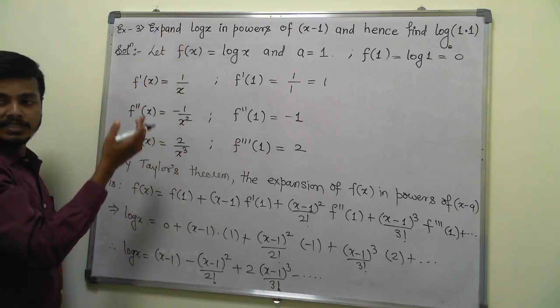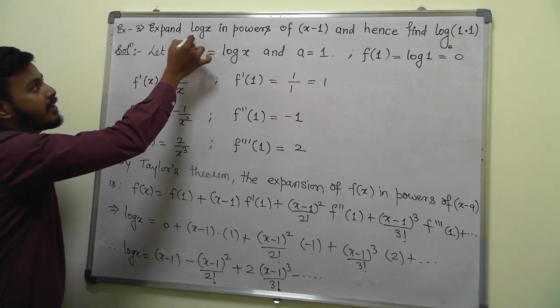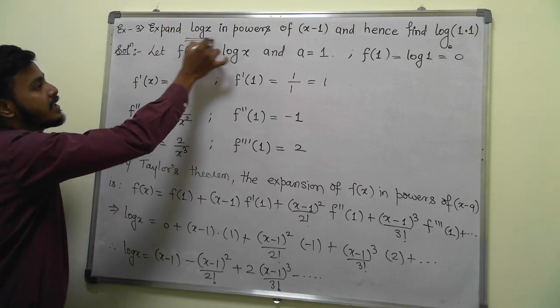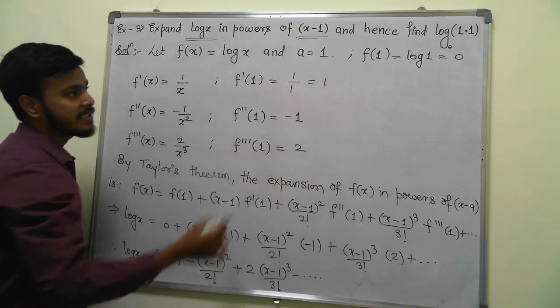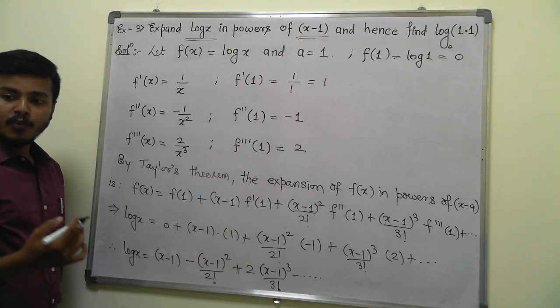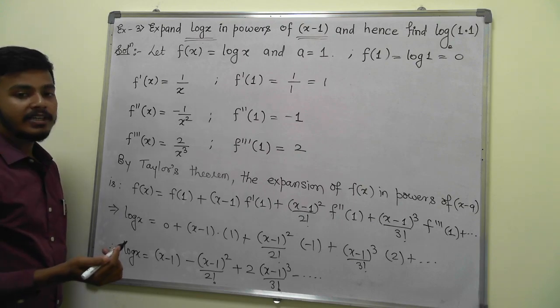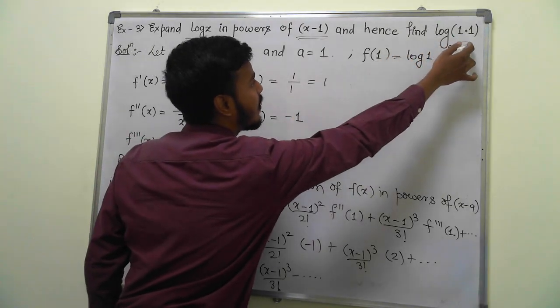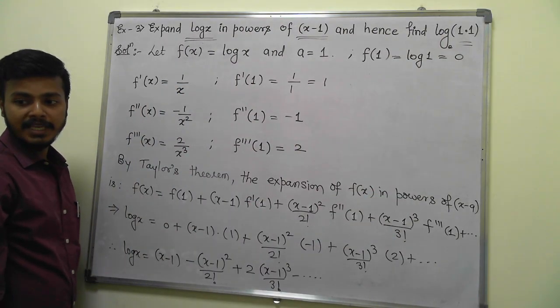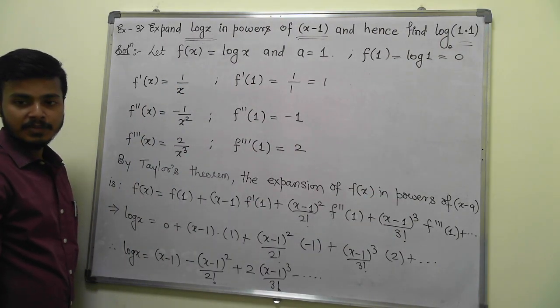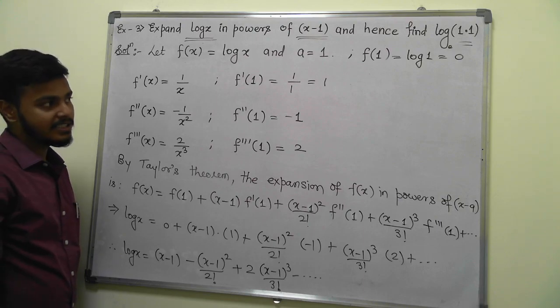So this is just the first part. What we have done till now is expand the function log x in powers of x minus 1. Now I want you to pause the video for a few seconds and think over how one can find the value of log of 1.1 to the base e. So pause the video, think about it and resume.